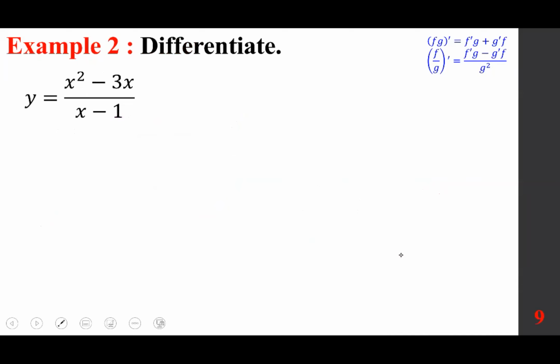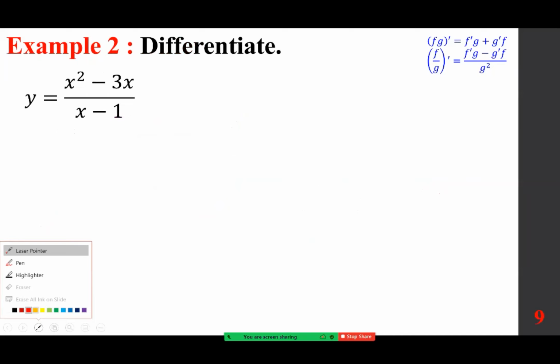We want to differentiate this, and we are going to use the quotient rule. So let's call it f over g, which means x squared minus 3x is the f function, x minus 1 is the g function, and we're going to stick with this quotient rule.